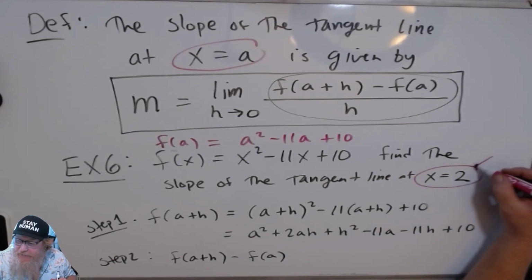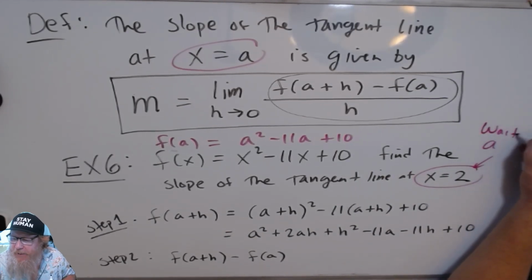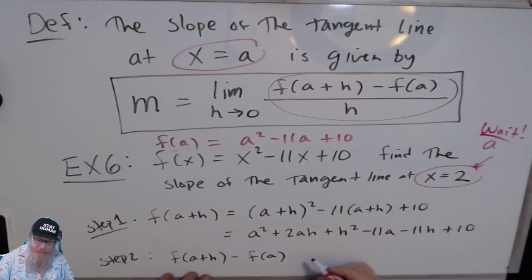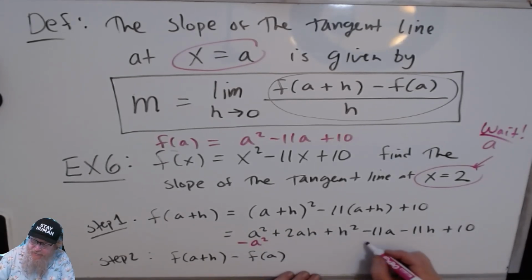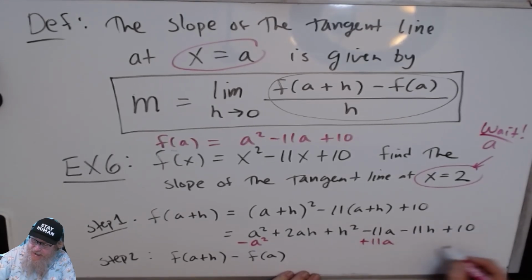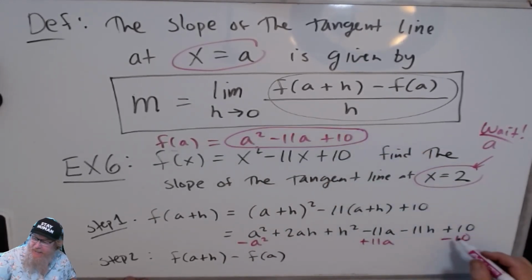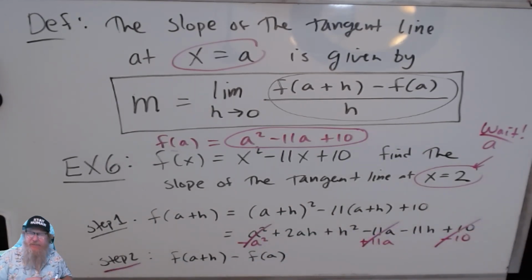Ultimately, a is going to be 2. I'm going to go ahead and wait and plug in the 2 later. If you want to plug it in now, you can. So when you subtract that, you're going to get minus a squared plus 11a and minus 10. So all of these terms are going to cancel out. So that's step 2.